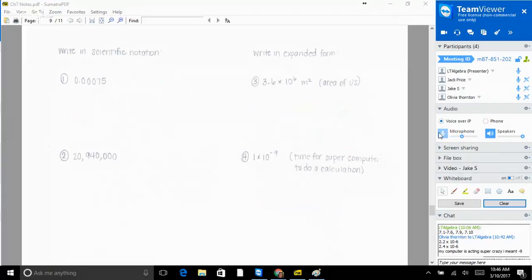Okay, that's better. All right, so the other way that we're going to do is take something in scientific notation and change it to regular numbers. So we're going to go both ways, basically.